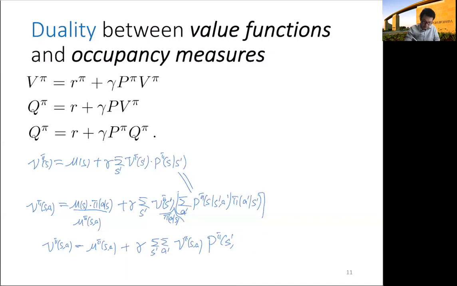Wait, is there a division pending? Oh, I see what's going on. This needs to be grouped with that, and this needs to be grouped with that, right?